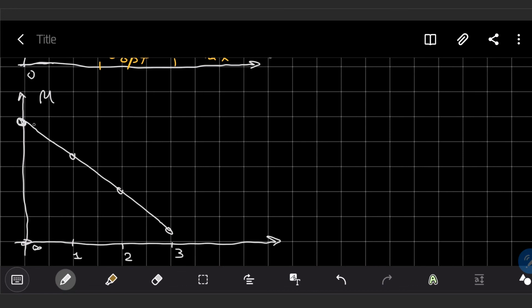Here Mach will also be supersonic, more than one. Here will also be supersonic, and somewhere here you will have a transition. So Mach 1 will be somewhere here. But if you put all these 4 points, you can see basically a line very close to a straight line. It is not exactly a straight line, but I think it is close.